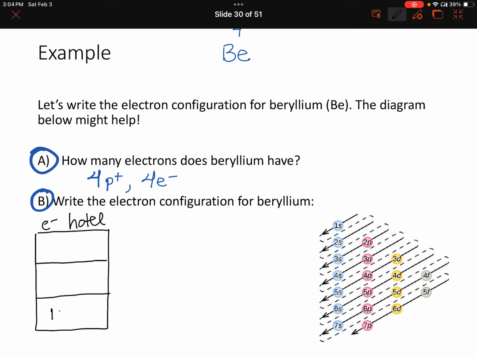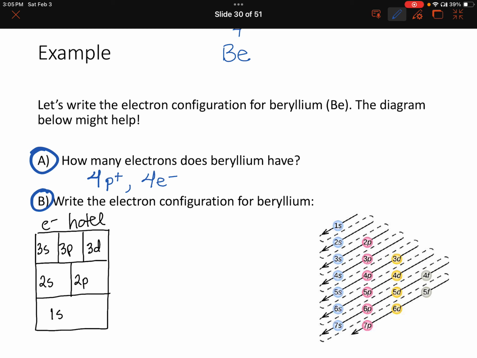So we've got 1s on the first floor, and then on the second floor we have 2s and 2p. And then the third floor we have 3s, 3p, 3d. Okay, so remember the first room, 1s, can only hold 2 electrons maximum.